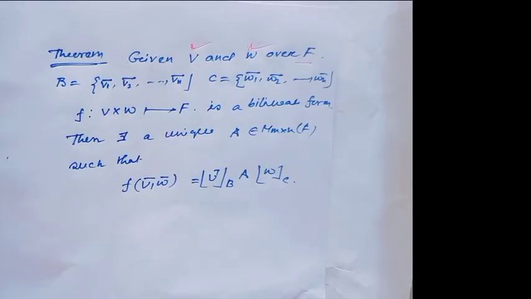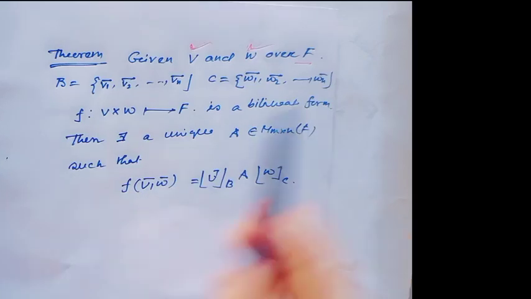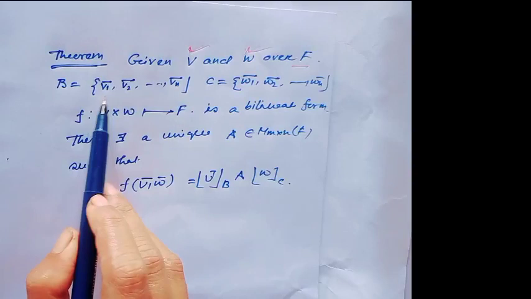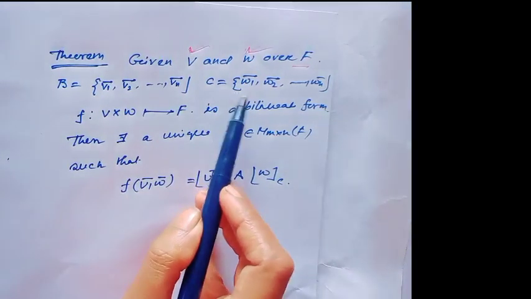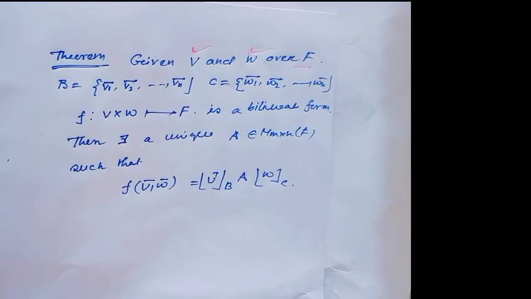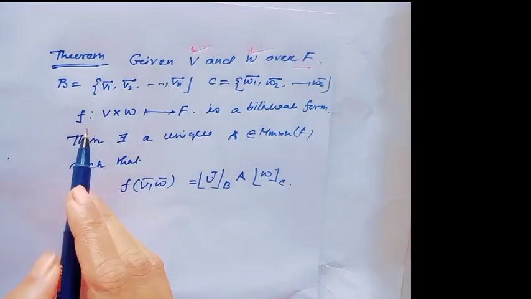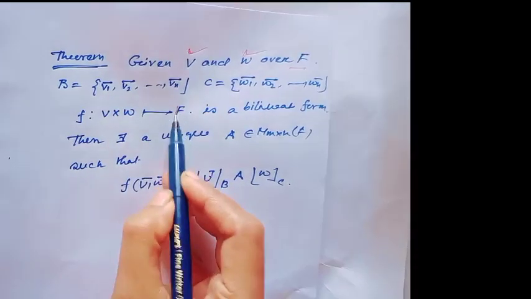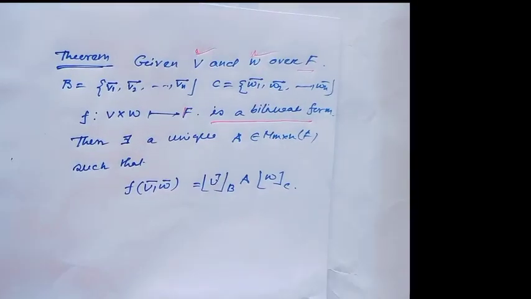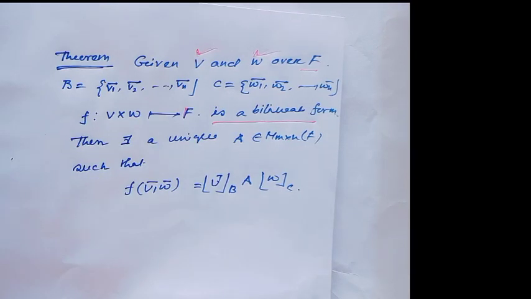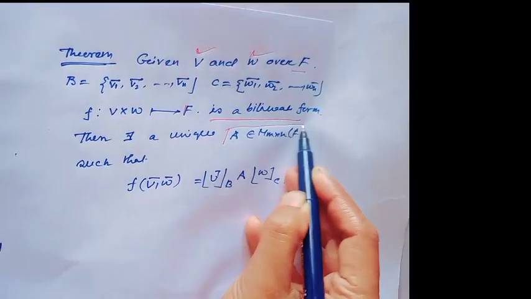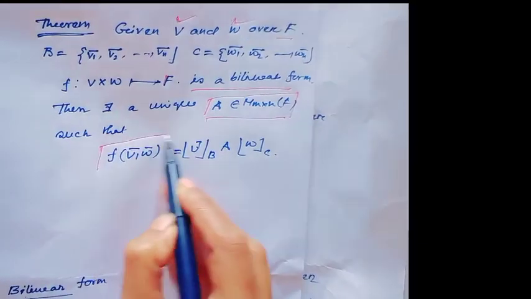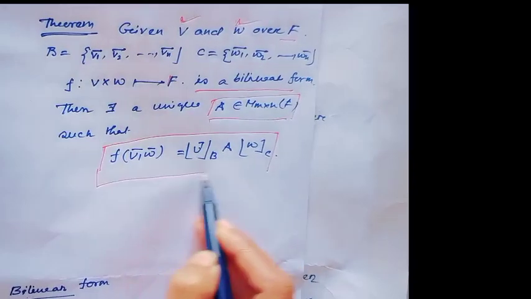Okay. It means we can write every bilinear form as V transpose AW, and the theorem is: let V and W be vector spaces over the field F, and let B be the basis of the vector space V, which is V1, V2, up to Vn, and C be the basis of the vector space W. Consider a bilinear form f from V cross W to the field F. Then there exists a unique matrix A such that f of V comma W equals V transpose AW.